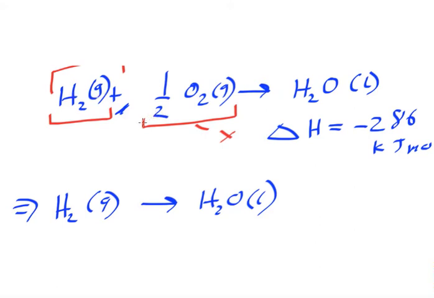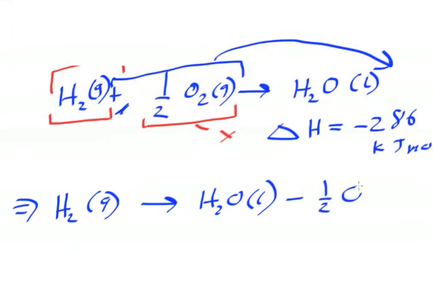Or you can think about it as subtracting a half O2 from both sides. But it's up to you how you understand the maths of it in your head. Maybe the easiest way is when this whole thing goes across to this side, the sign of it flips. So I get a minus a half O2 as a gas.